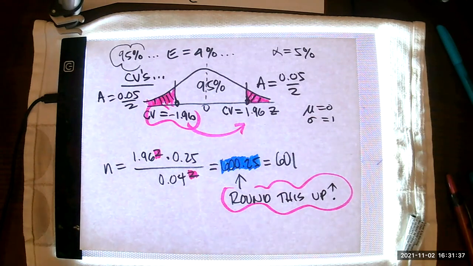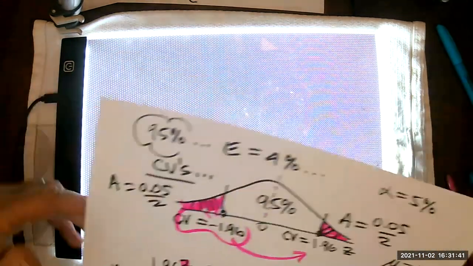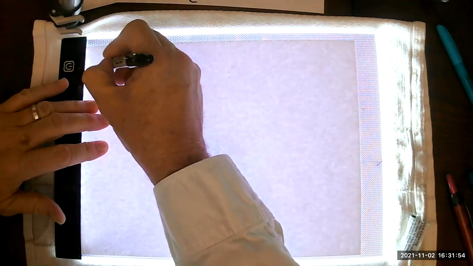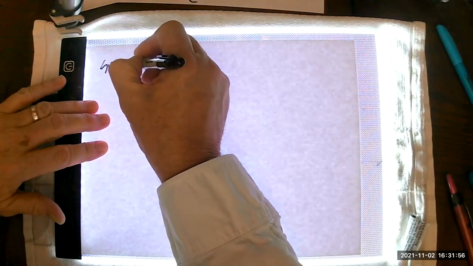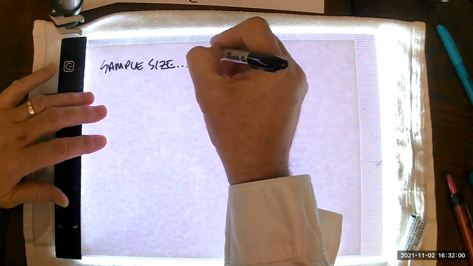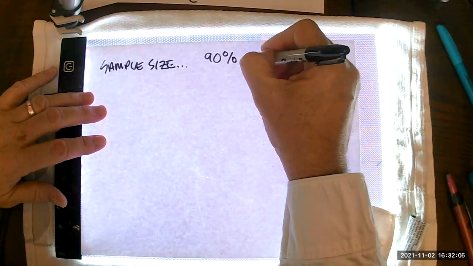Now, what changes in this problem? Well, I can ask for different levels of accuracy, but let me give you another example. We're again going to find sample size. This time we're going to go with a 90% level of confidence.